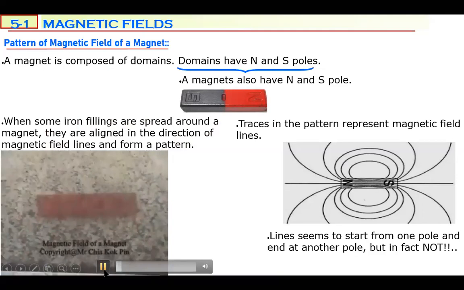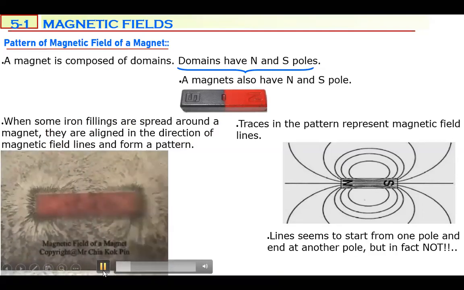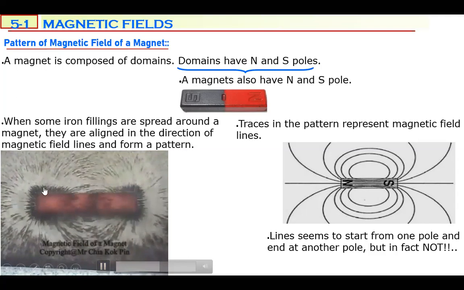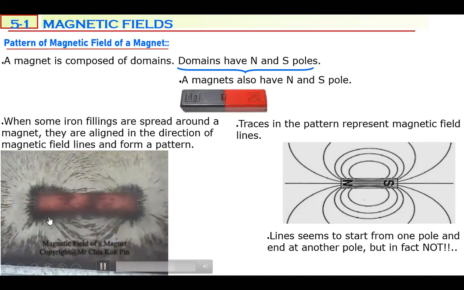When you bring iron filings closer to a magnet, as you see, iron filings are making lines around this magnet. These lines represent the magnetic fields around this natural bar magnet.